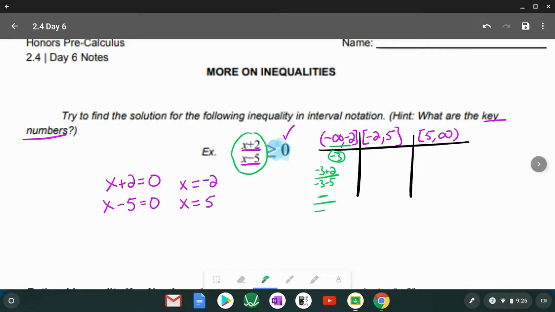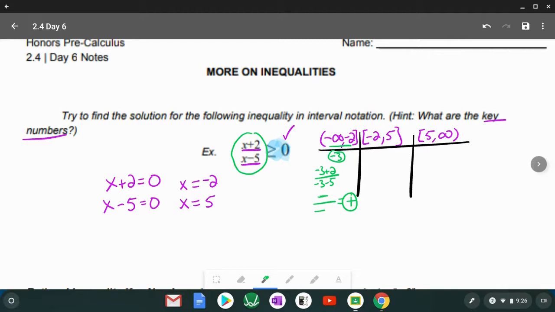So a negative divided by a negative is always going to be a positive. It doesn't matter whether it's positive 1/5 or positive 24, it's just going to be a positive number. So we have a positive number for that first section, and since that's what we're looking for, we know this is one part of our solution set.